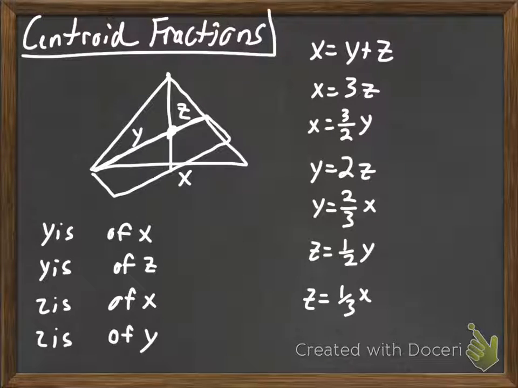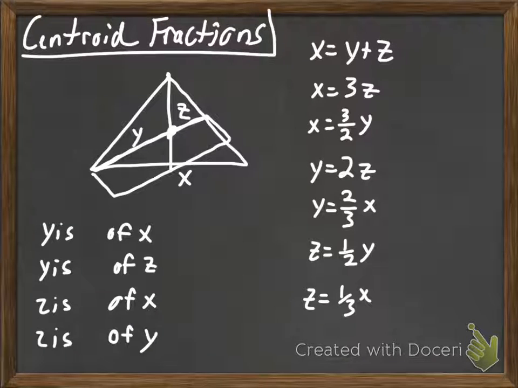So here are some formulas that you can use if you're trying to find either the whole median or you're just trying to find one of the pieces of that median. So x, the whole thing, is equal to y plus z. So if you add the two pieces together, you get the whole thing, which I'm sure you could figure out.